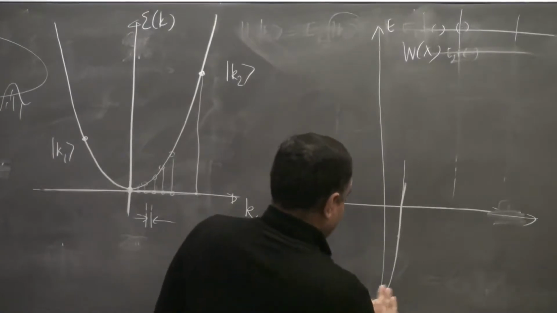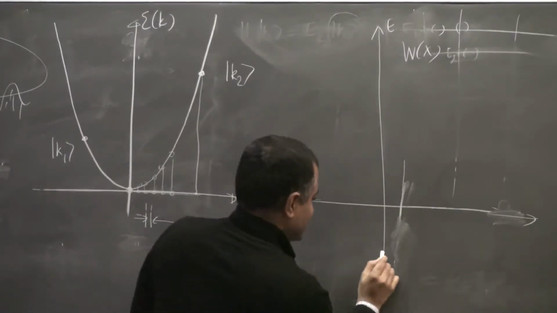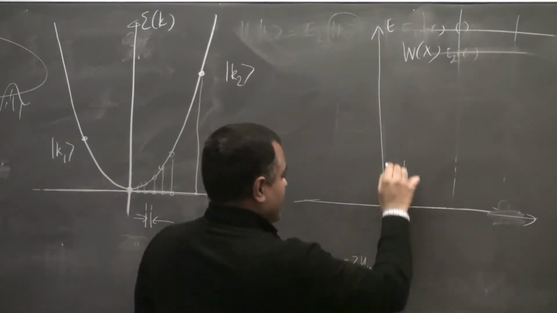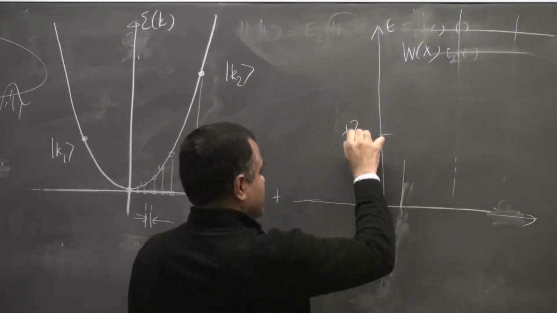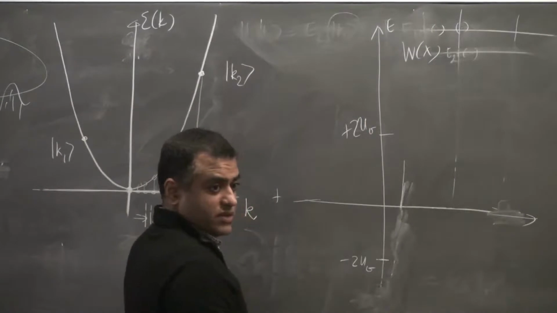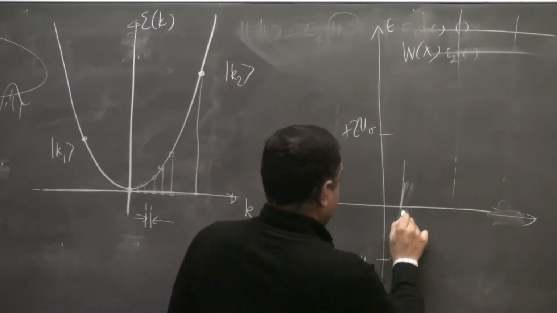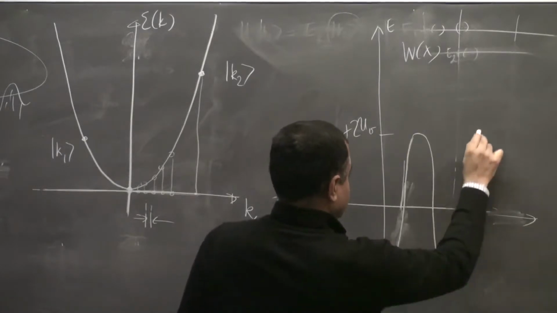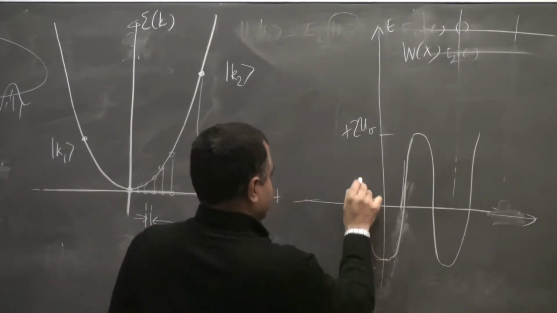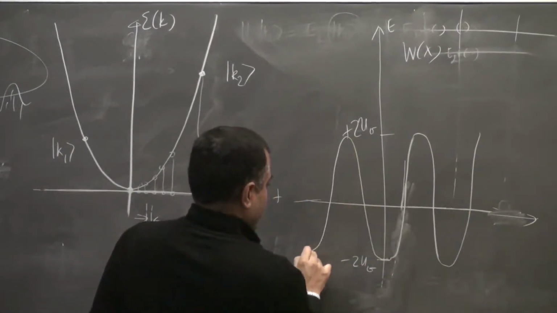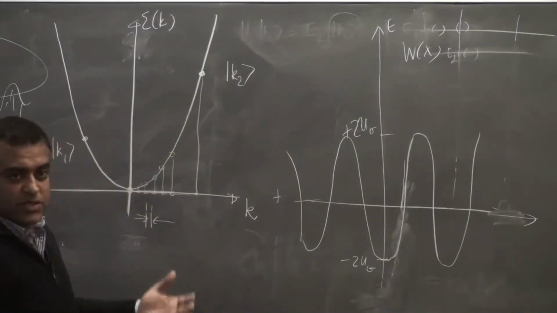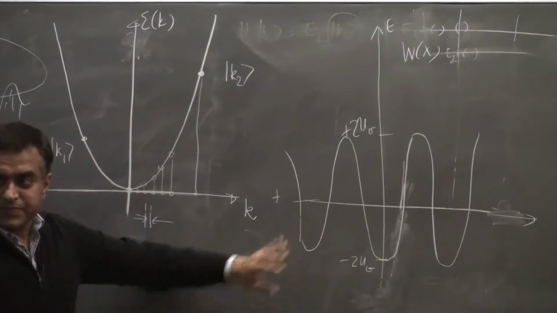I shouldn't have plotted that large, space-wise. So I'll just put it here. That's minus 2 Ug, and it oscillates between plus 2 Ug and minus 2 Ug. You can change the value of Ug and say it's stronger or weaker, but it looks something like that. That's your perturbation potential.